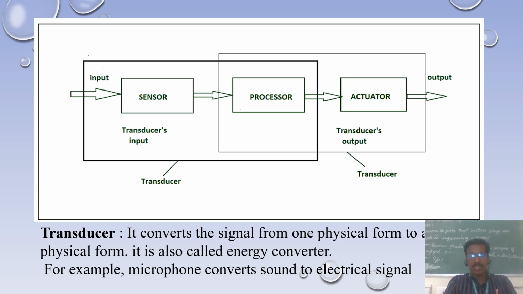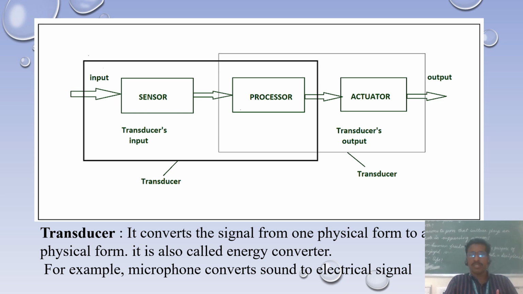Generally, the sensor acts as an input device that fetches the data, and then it transmits it to the processor for processing. After processing the data, the actuator receives the input from the processing unit, and it will work according to that.